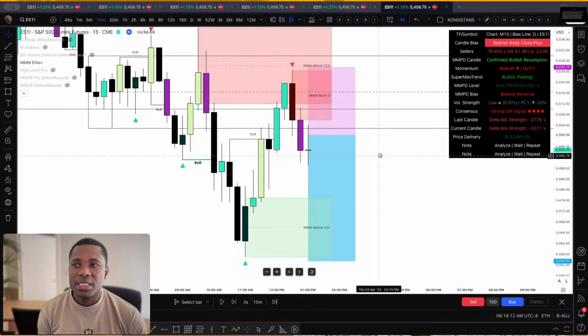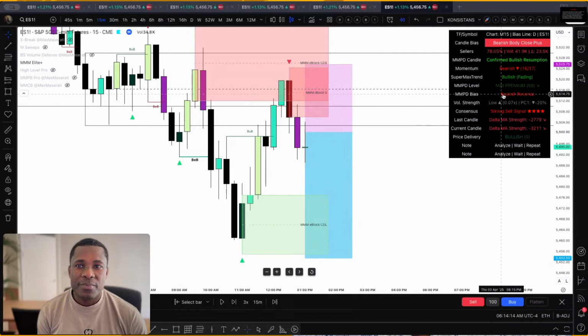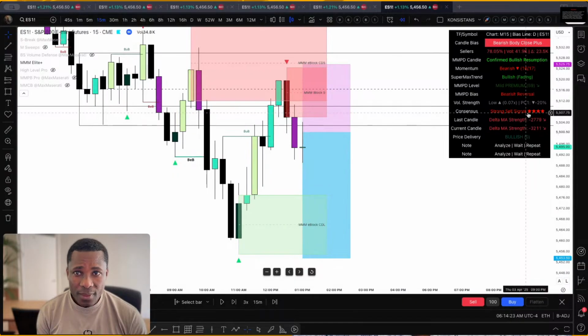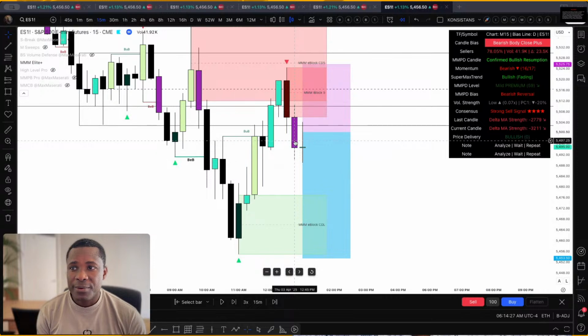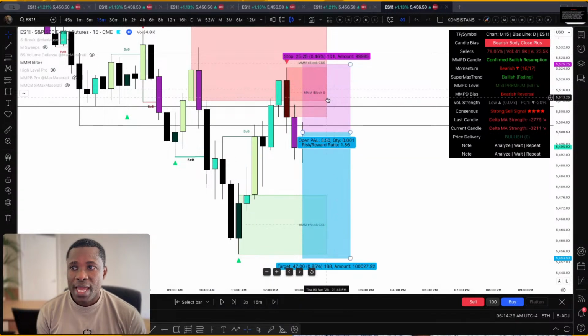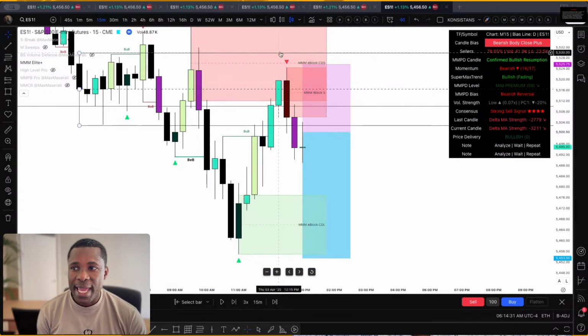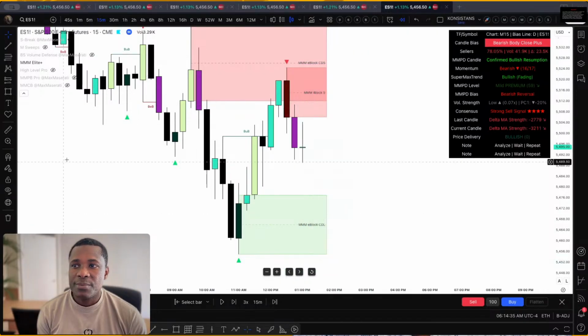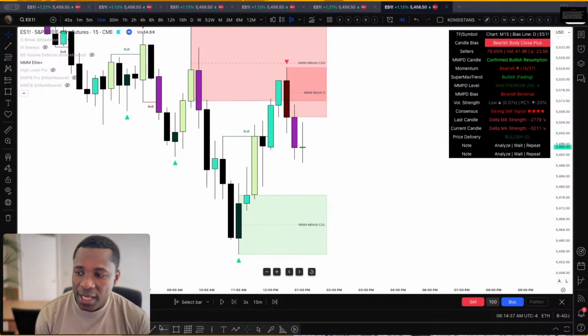You also have the MMPD bias bearish, the signal, the dimension, volume with you, bearish body close. You have your PO4 bearish here, internal block short, external block CDS is aligned. Everything is connected. This is the moment you can fully enter a trade.